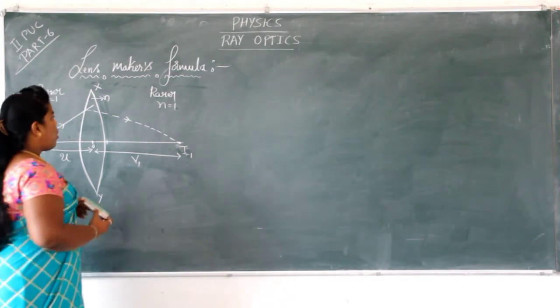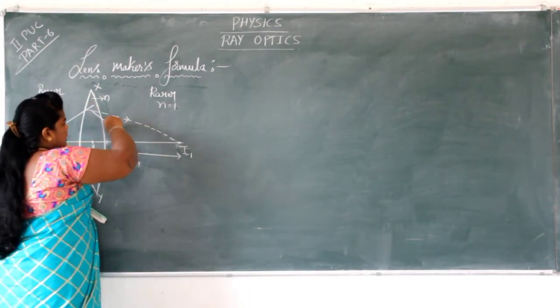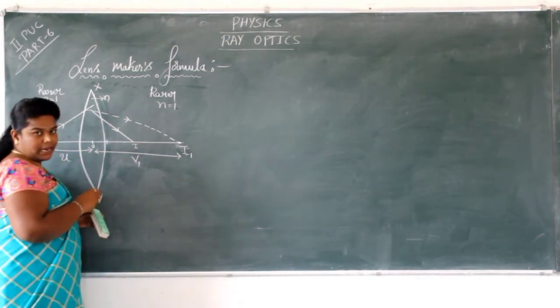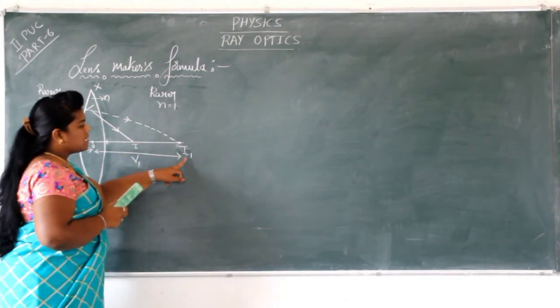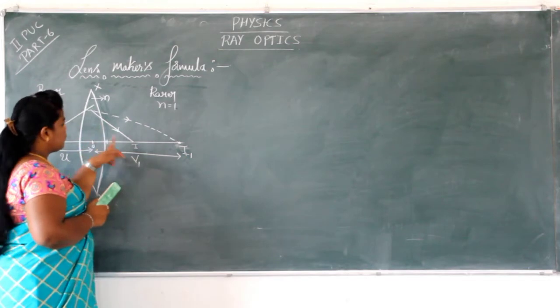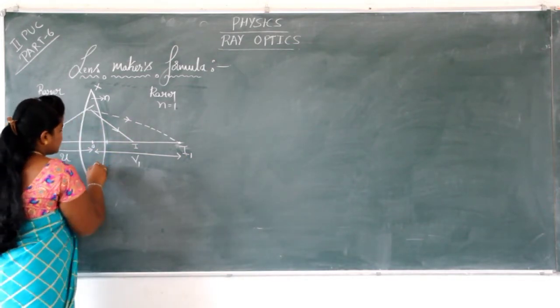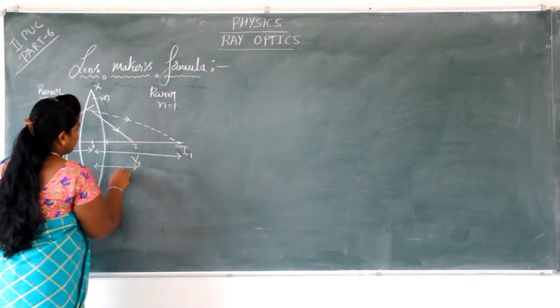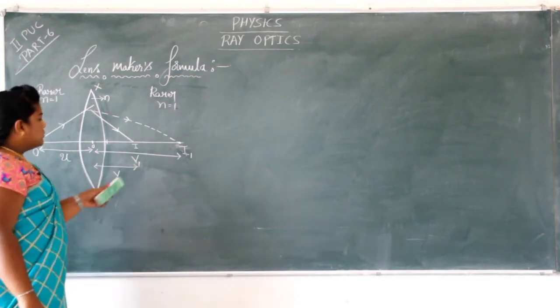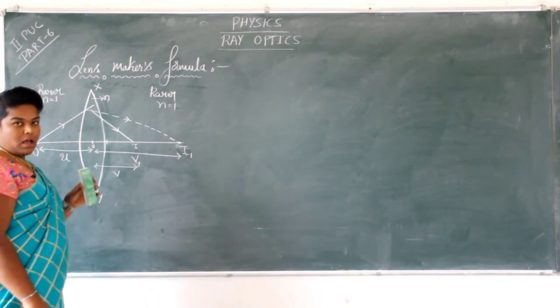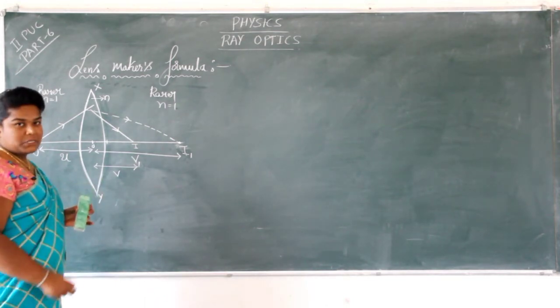So after refraction by the second surface, it forms an image I towards the same side. Whereas I1 is a virtual object for the second surface, I is the image for the second surface. The distance between the optic center and the image is called the image distance, represented by V. Hope you got all the things, my dear students.